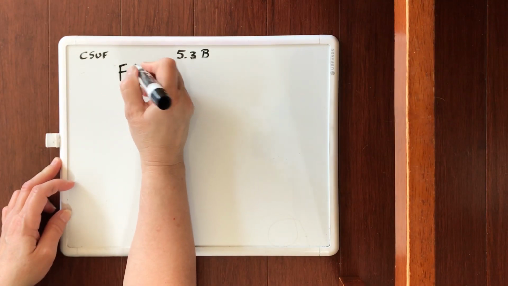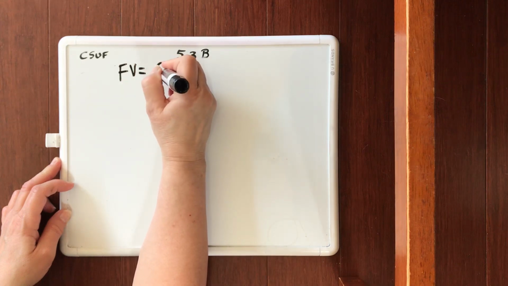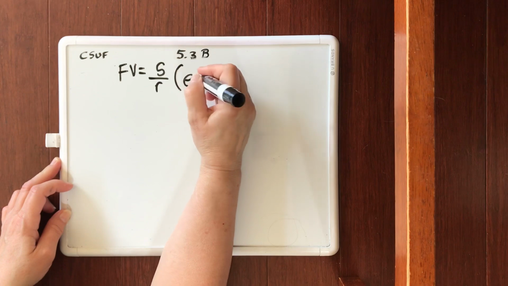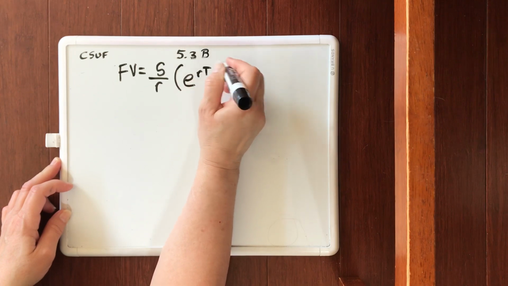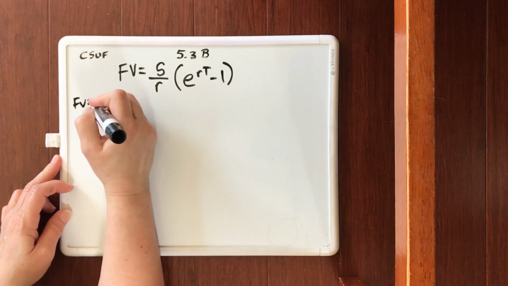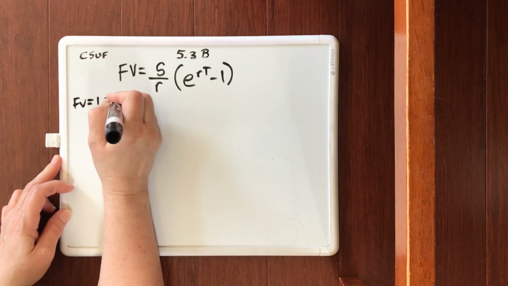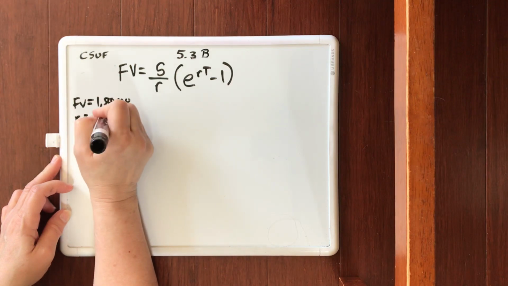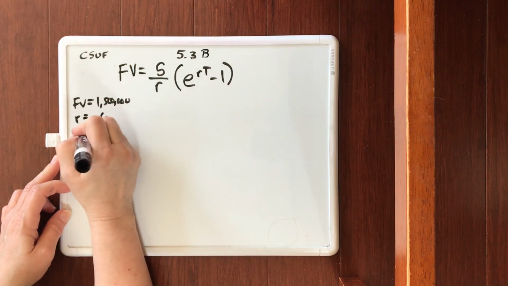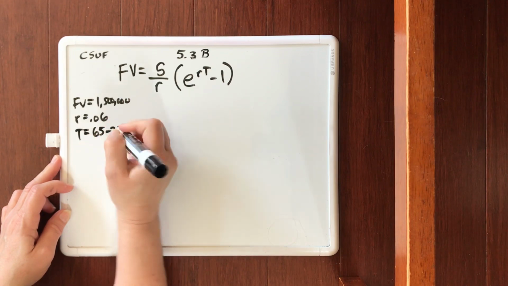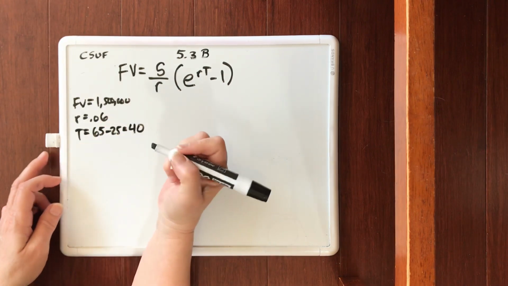So we have future value equals S over R. Does this look familiar? It should. E to the RT minus 1. Okay, so our future value is going to be $1,500,000. All right, the rate is going to be 0.06, and the time is 65 years minus 25 when you start, which is 40 years.